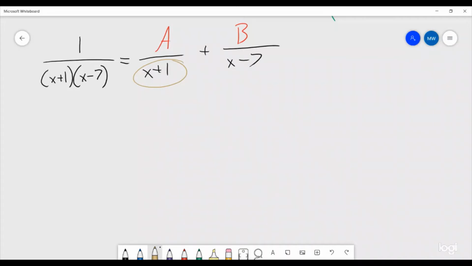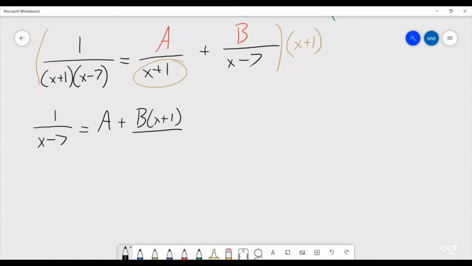So let's just try and solve for a. We are going to multiply everything by just the denominator of a, so x plus 1. So that's going to give us 1 over x minus 7 equals a plus b times x plus 1 over x minus 7. And now we can plug in when x plus 1 equals 0.